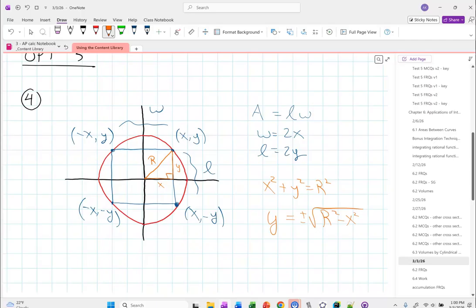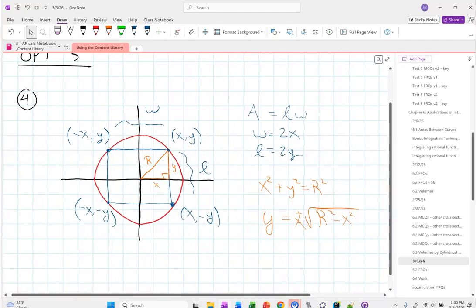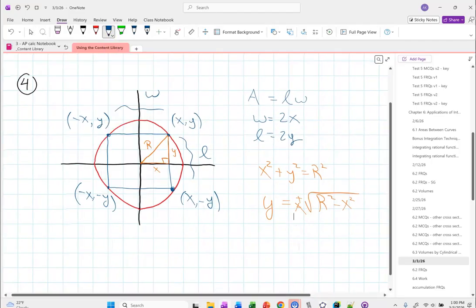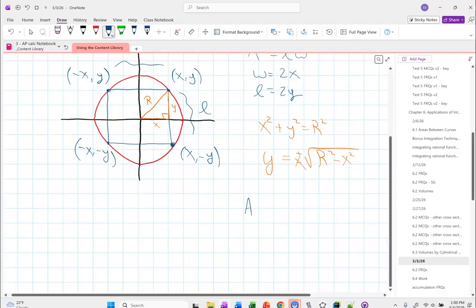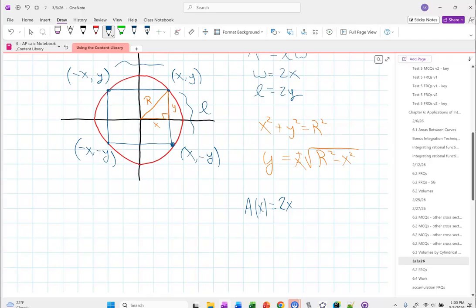So there's that. Now, what can I say about y? Since y is going to be the length, I can discard the negative. So my area function in terms of x would be 2x times 2 square root of r squared minus x squared.